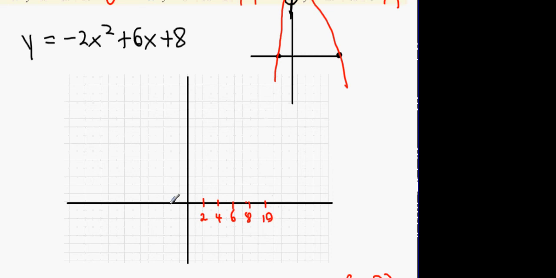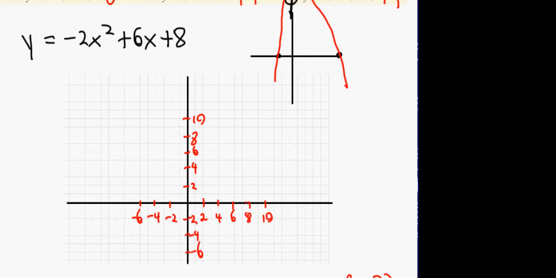This one here will be minus 2, minus 4, minus 6. Okay, let's go up in 2s here. 2, 4, 6, 8, 10. That's all I have to do there. And then I have minus 2, minus 4, minus 6.